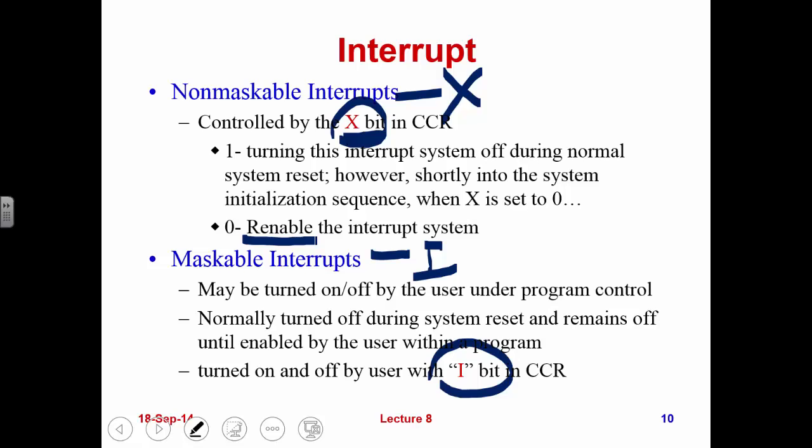In other words, if you make the I bit 1, which can be done by the programmer, by a user, if you change the I bit of the condition code register to be 1, that turns off the maskable interrupts.